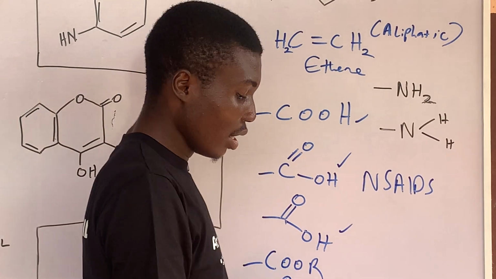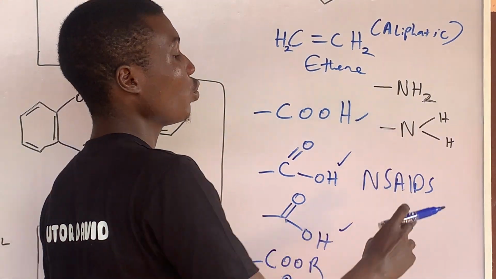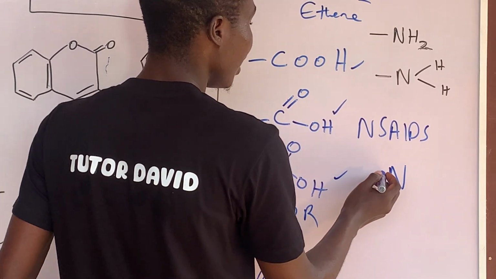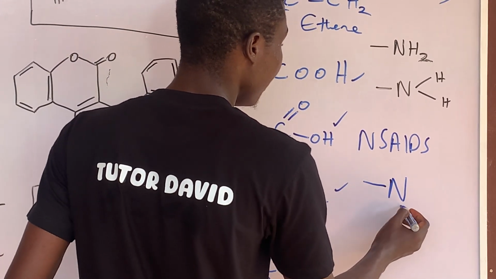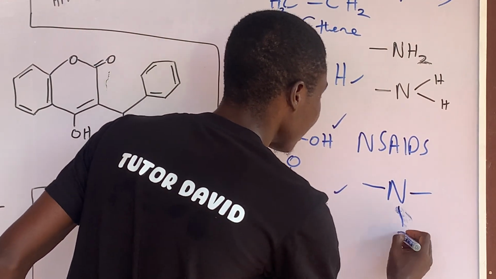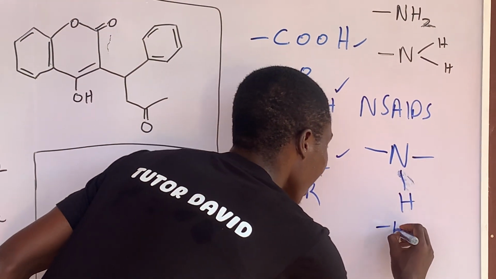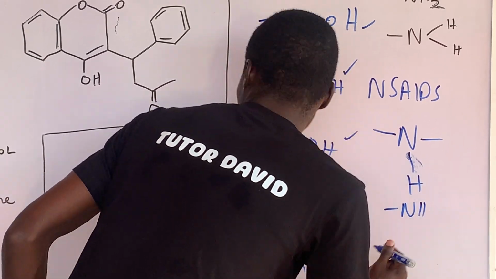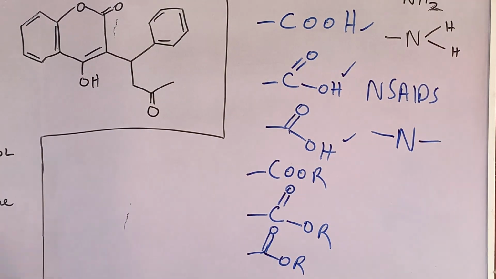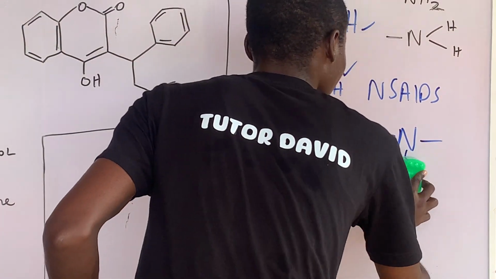This is a primary amine. Then if you talk about a secondary amine, you have the nitrogen attached to 2 different carbons. So in a secondary amine, you have the nitrogen bonded to 1 carbon here, another carbon here, and then you just have 1 hydrogen left. So this is a secondary amine. Please pardon me for this error.